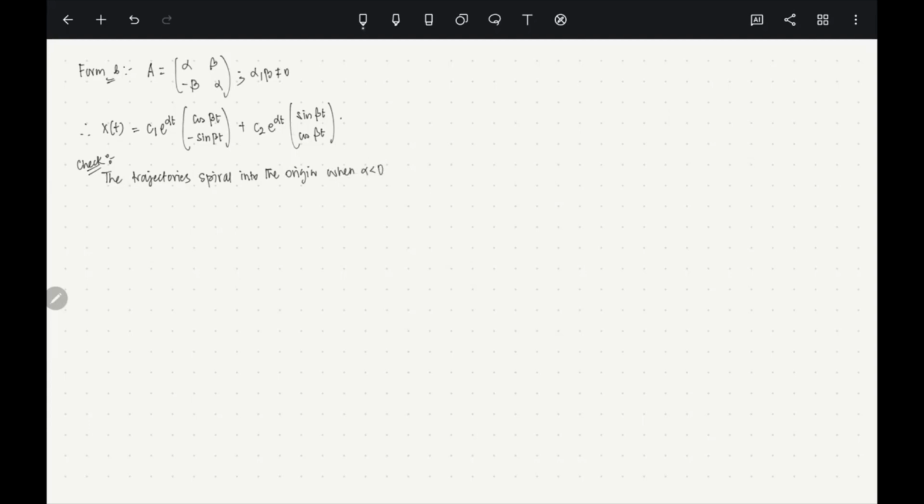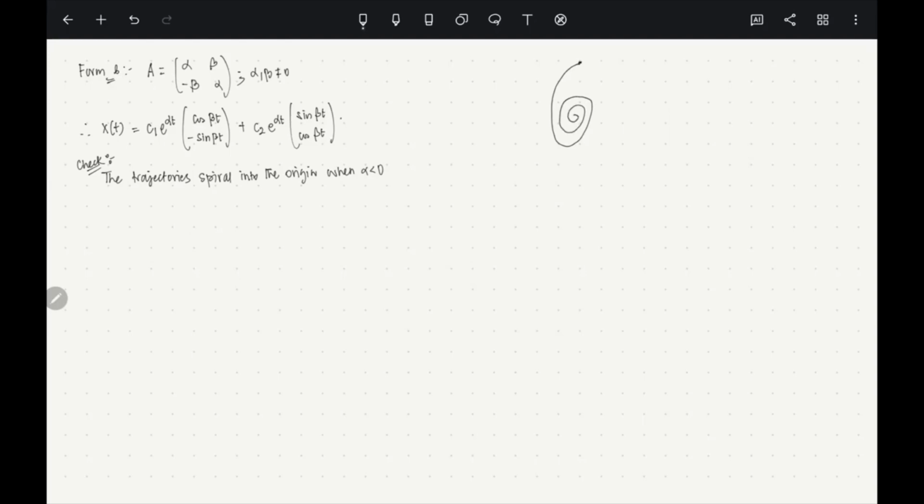You understand what is happening when alpha is negative. Initially every point is always on the circle. Now here the points will start somewhere here. Let's say alpha is negative, so as t goes from minus infinity towards infinity, they go towards 0.